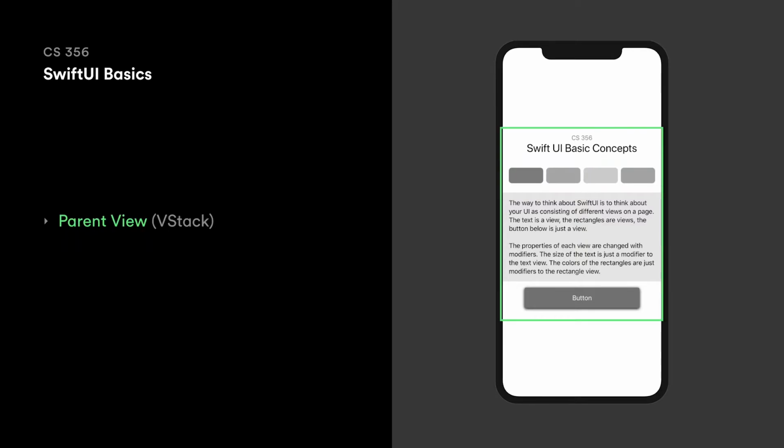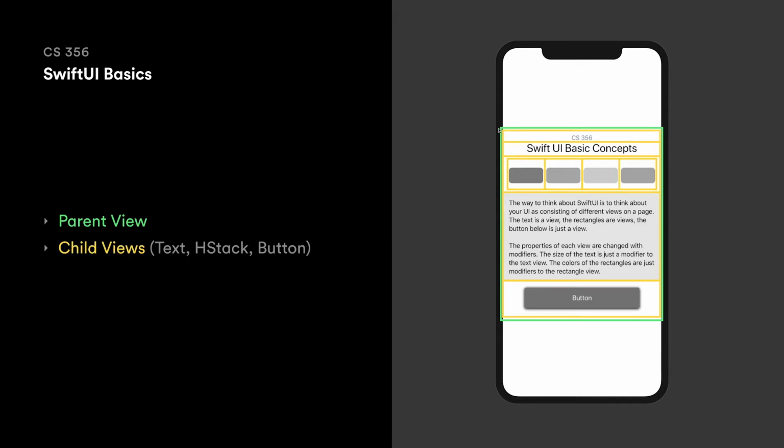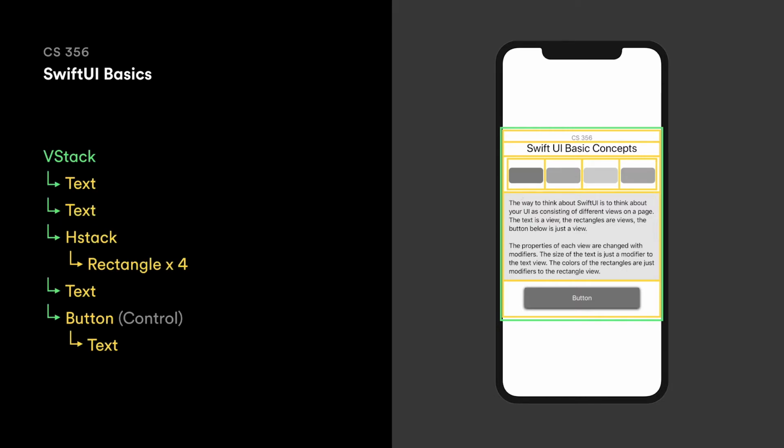In most declarative frameworks, code is organized in a hierarchy with objects that have a parent and child relationship. And so in this example, the V-stack is a parent view, and all of the other views are child views to that V-stack. And here is just an example of a visual representation of the hierarchy.